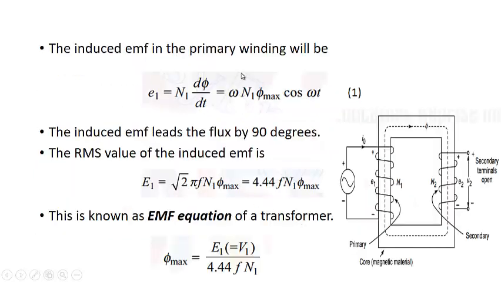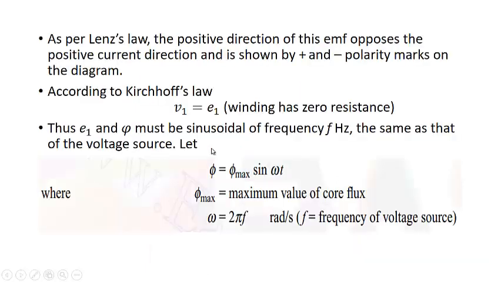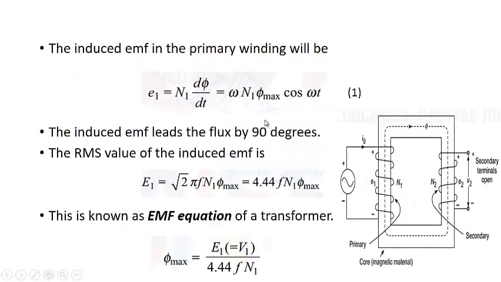The induced EMF in the primary winding, as we just said, will be equal to N1 d phi by dt. So when we differentiate this phi, it will be equal to phi max, this omega, cos of omega t. So total will be equal to omega N1 phi max cos of omega t. You can see from here, phi is equal to phi max sine of omega t, and E1 is equal to this much cos of omega t.